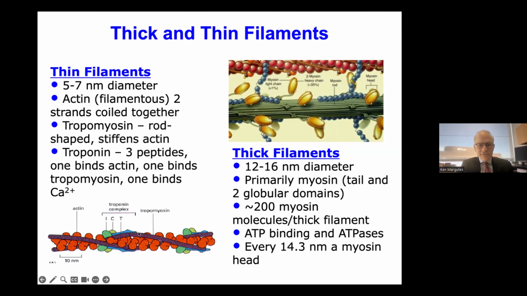And then it's also comprised of troponin complex, which is 3 peptides. One binds to actin, one binds to tropomyosin, one binds calcium, that same calcium that just entered the cell.